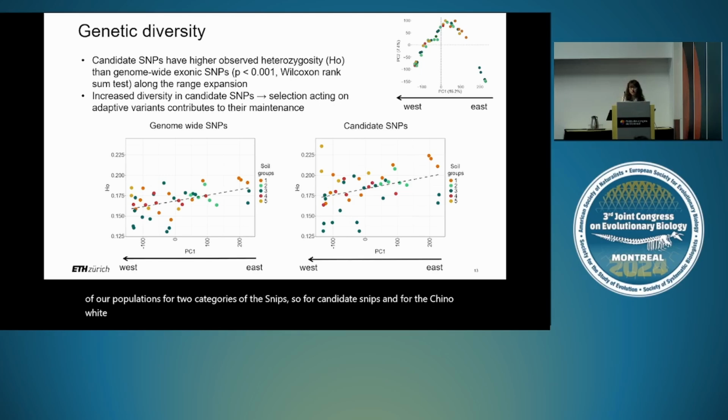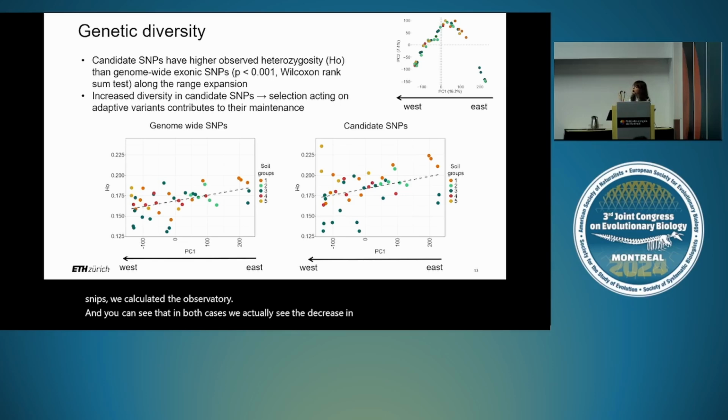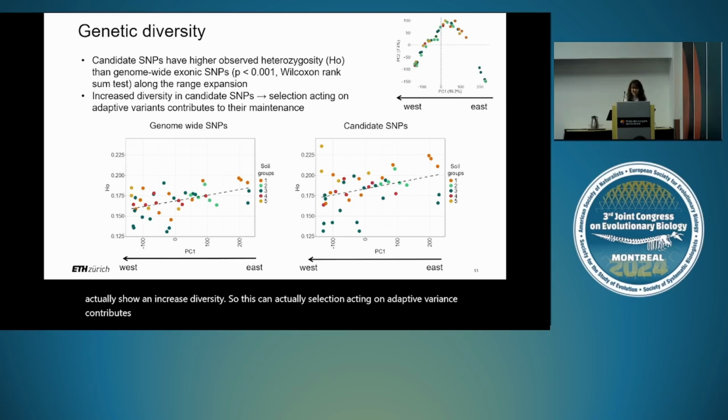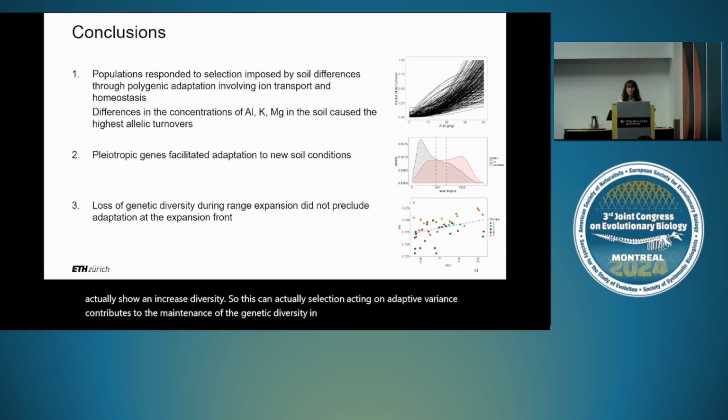We calculated the observed heterozygosity, and you can see that in both cases we see a decrease in genetic diversity along the range expansion, from east towards west. But for the candidate SNPs, there is an increased diversity. This can mean that selection acting on adaptive variants contributes to the maintenance of genetic diversity in populations.